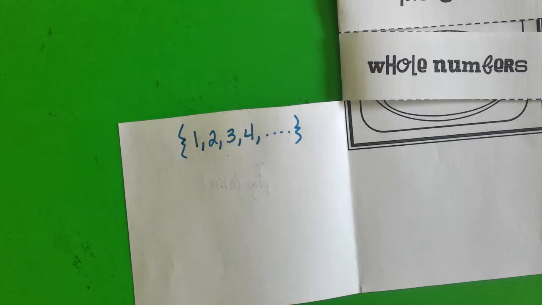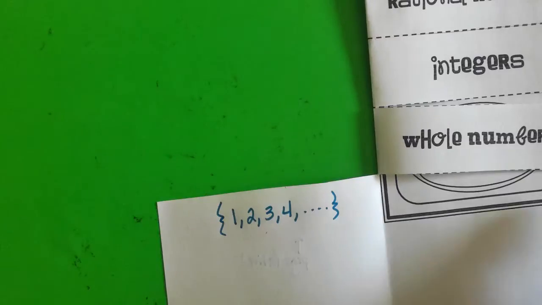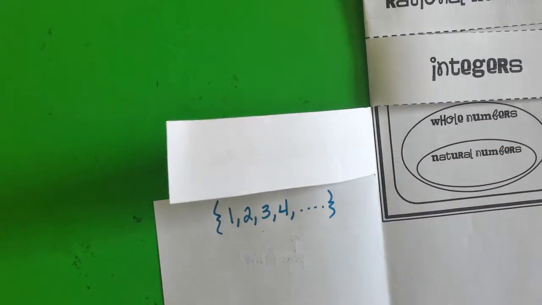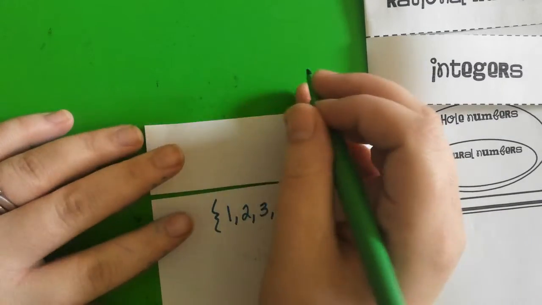You can't count nothing if you have nothing. Or if we're going back to the terms of trading, if he has 0 cows, there's no way I'm giving him my 5 pigs. He's got to have some number of cows in order for us to actually have a trade. He's just going to starve. Okay, so the next thing up is called whole numbers. And the only thing different is that we're going to include 0.